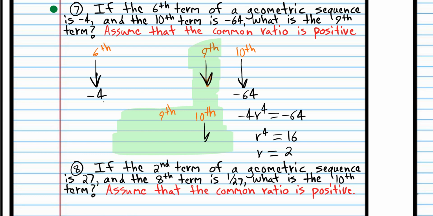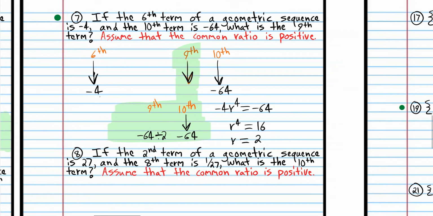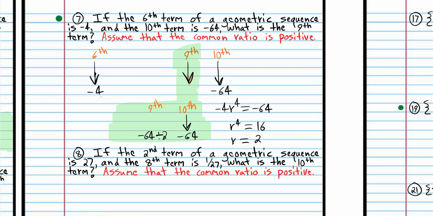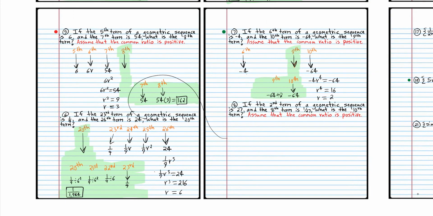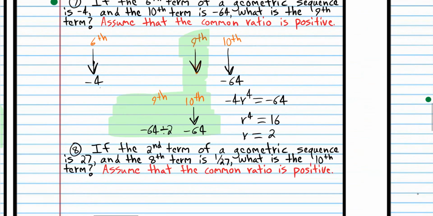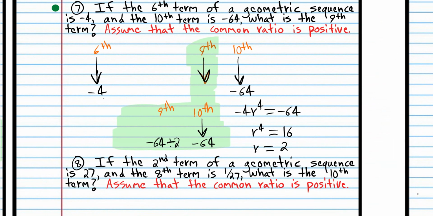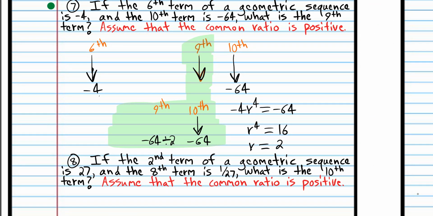So we'll start with the 10th term, which is -64, and then we'll take that and divide by 2. And why are we dividing? Because we're going in the opposite direction, just like we did over here. In this problem up here, we went forward. In this problem, we're going backwards, so we're dividing to get to the 9th term. And -64 divided by 2 is -32.